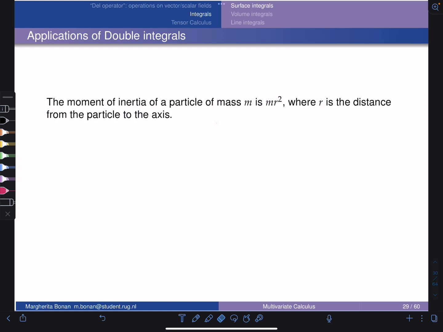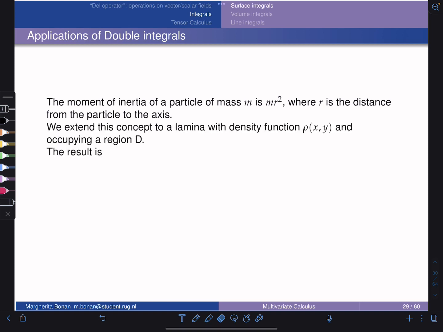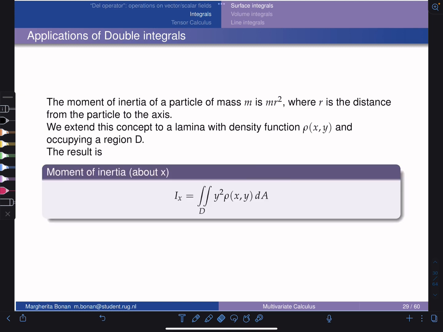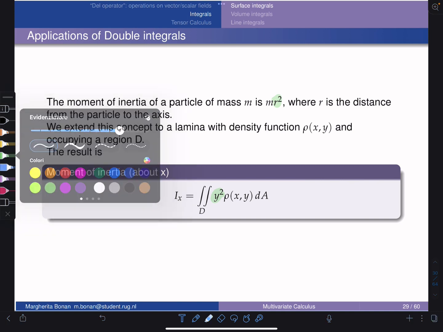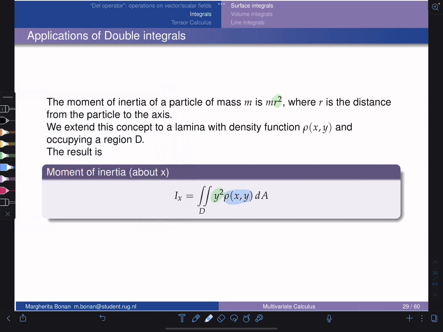We can extend this concept to a lamina that has the density function rho, dependent on x and y, and that occupies a region D. The result is this formula: the moment of inertia is equal to the double integral of y squared multiplied by the function rho, integrated over the area D.